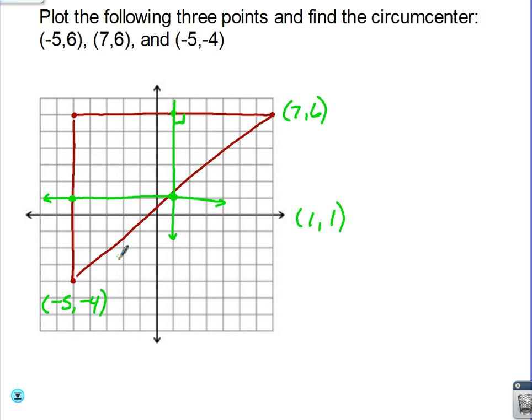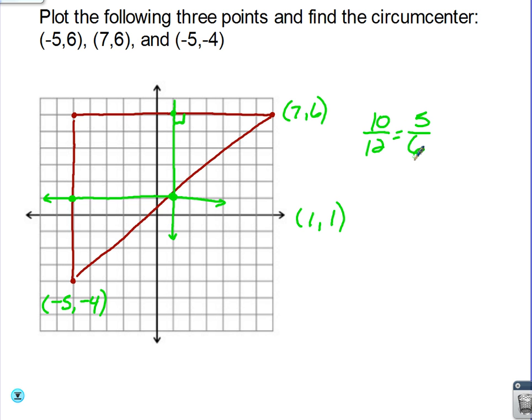How do you draw a line perpendicular to another line? What do you know about perpendicular lines? What's true about slopes of perpendicular lines? Opposite reciprocals. So what I need to do is draw a perpendicular line to this. First find your slope. 10 over 12 is my slope, or 5/6.